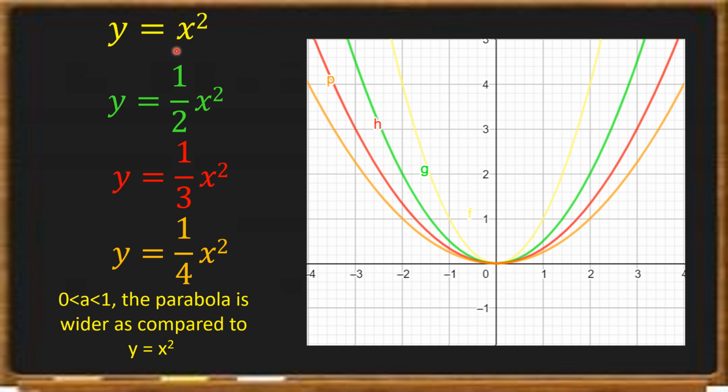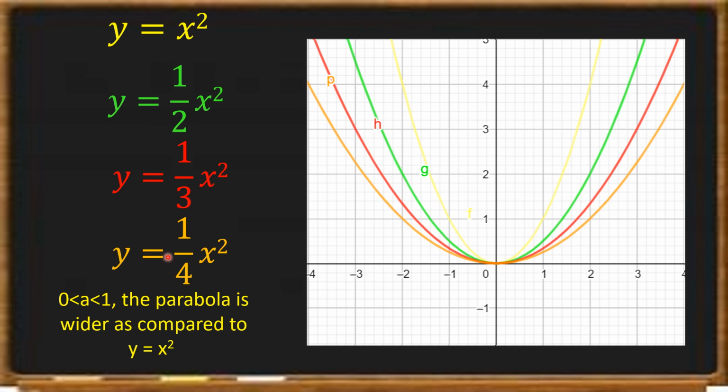Kapag ginawa nating negative ito, magda-downward lang lahat yan. Pero same movement. Yung graph mo magiging wider. Pag ginawa mo negative 1 half, negative 1/3, negative 1/4. Okay? Sa negative naman yon. So, same movement pero downward na kasi nilagyan mo ng negative.